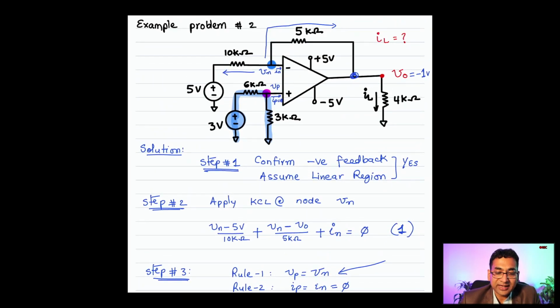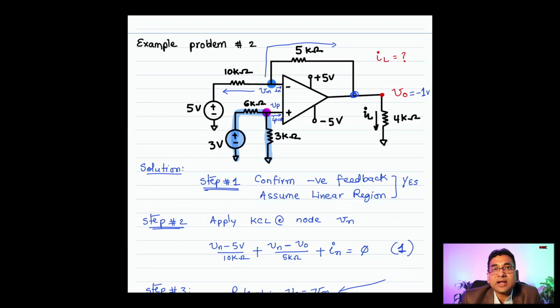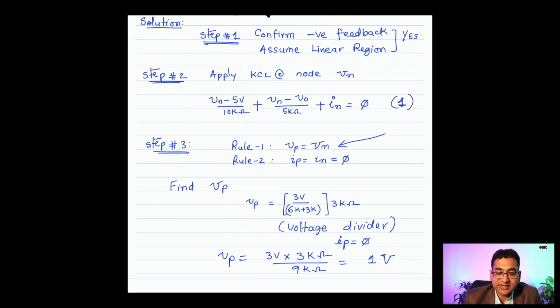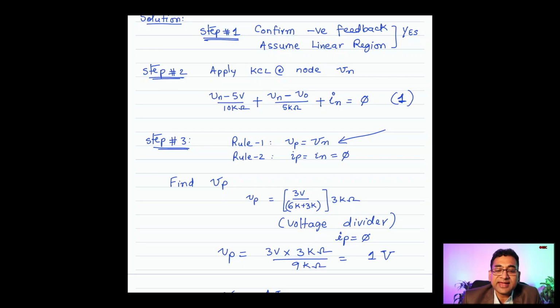Just to recap, even though the circuit looks incredibly complicated, it's pretty straightforward by applying the steps. Step 1 is to confirm we are in negative feedback configuration. Step 2 is applying KCL at node Vn. These are the same steps that we did in the example problem.